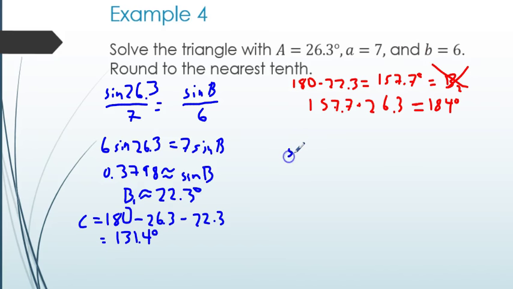I'm going to set sine of 26.3 over 7 equal to sine of 131.4 over side C. So cross multiply.